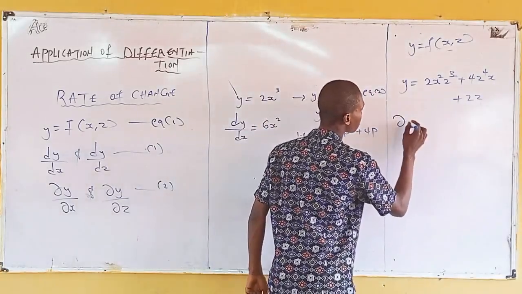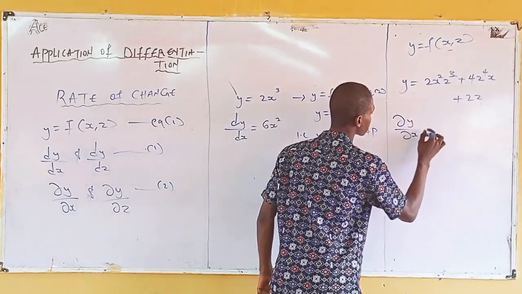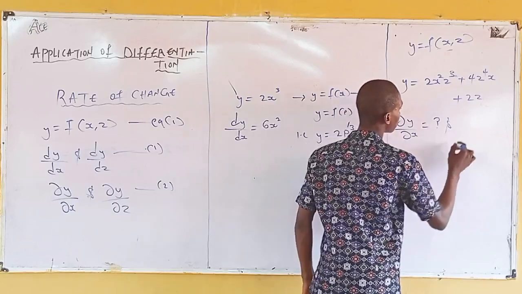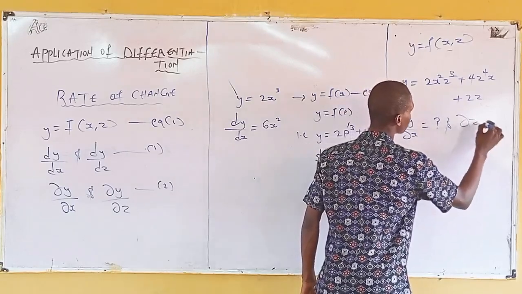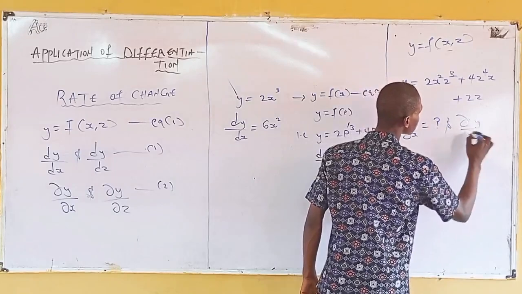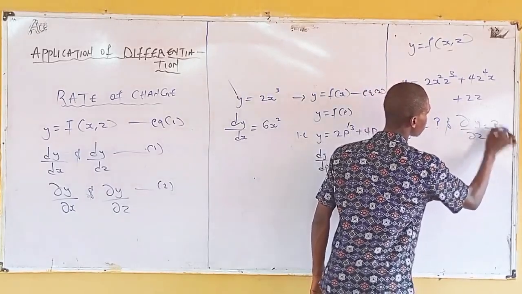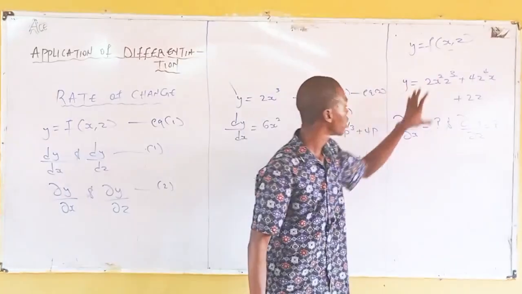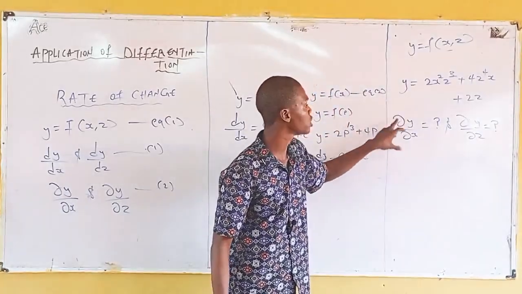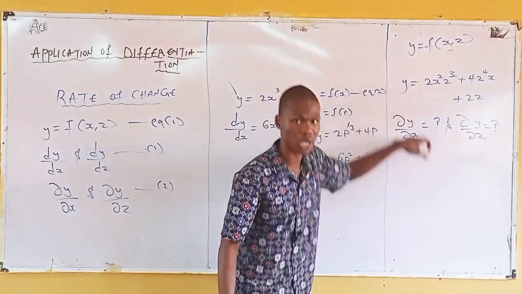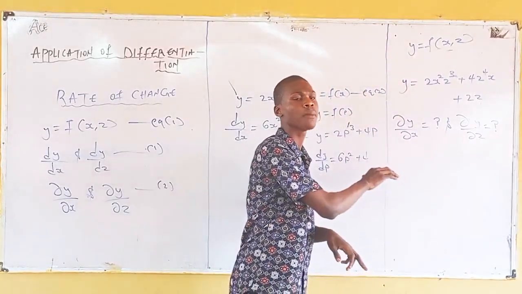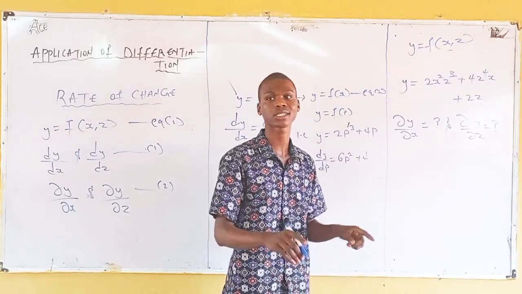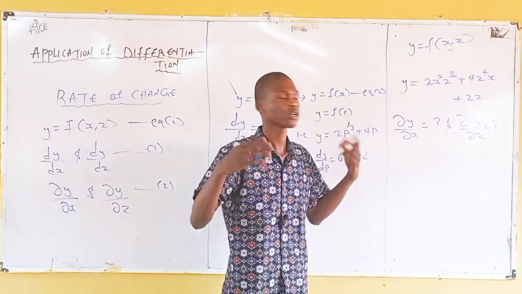Now, let's perform the first one. We are differentiating y with respect to x, and also I will have the derivative of y with respect to z. Now let's solve. When we are differentiating y with respect to x, any z variable will be considered a constant.